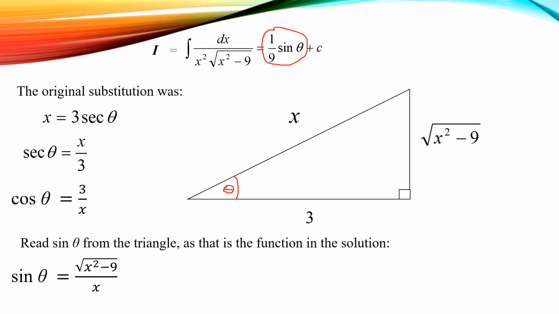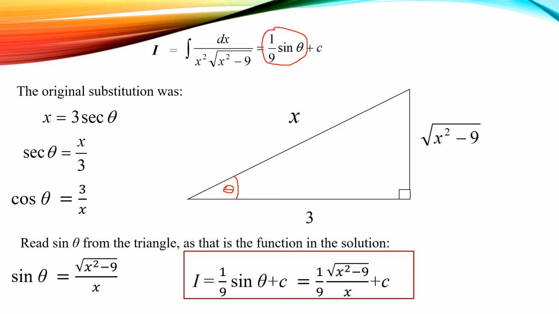And we're going to substitute it into our solution. So 1/9 sine theta plus c would become 1/9 square root of x squared minus 9 over x plus c. And we can join the 9 and the x in the denominator together, and we don't need the 1 out front. And so that can be rewritten as square root x squared minus 9 over 9x plus c. And this is the solution for this integral.